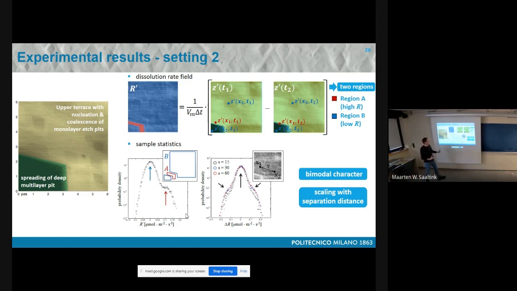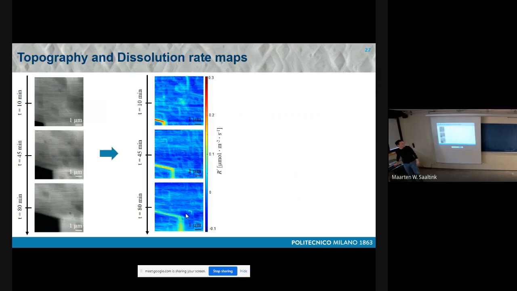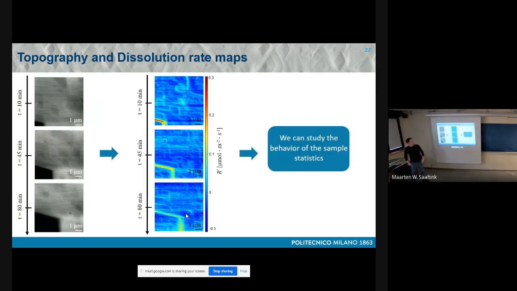Okay. Now the question is, what kind of model can we use to reconcile the two types of observations? We can do it, of course, for several time intervals. So at several times we have maps of rates. Then the point is to see whether or not we can interpret them with the same structure of the model.